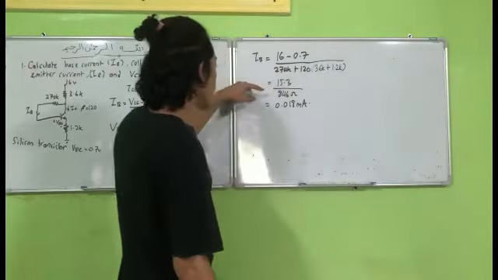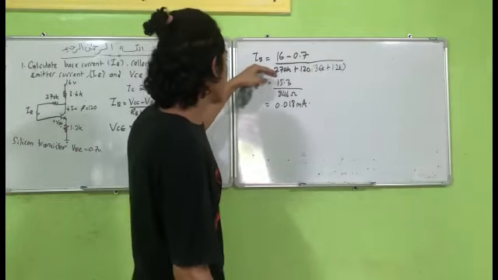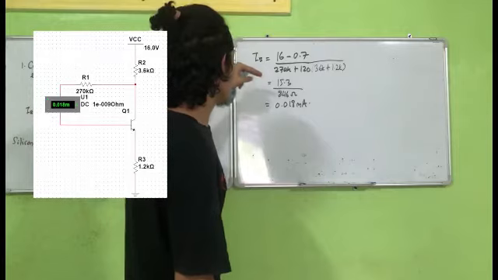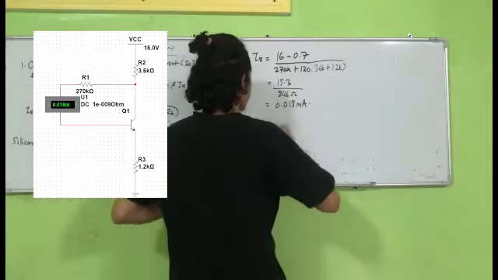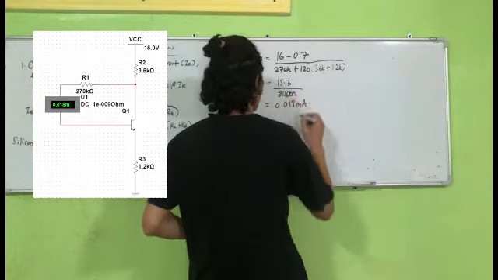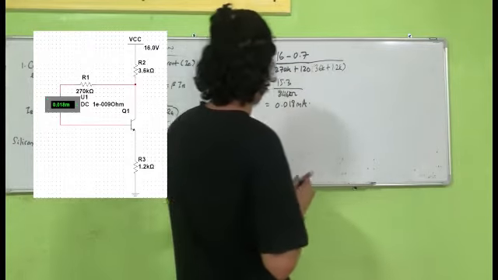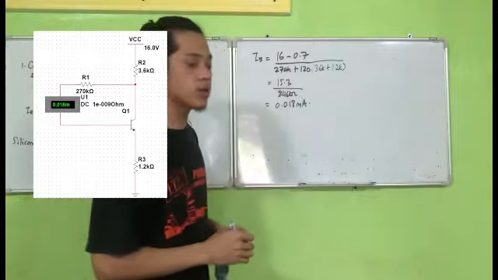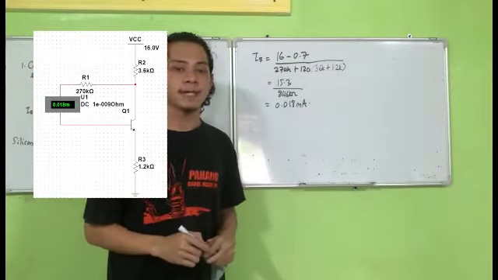So the value of IB is 15.3 over 846 kilo ohm. So we got the value of IB, which is 0.018 milliampere.